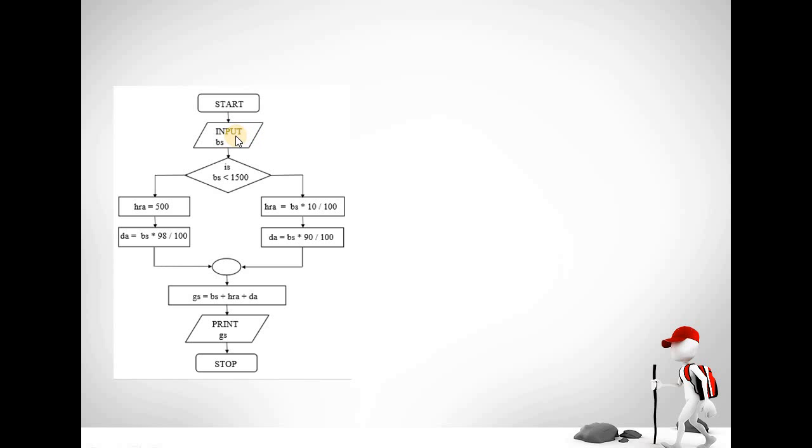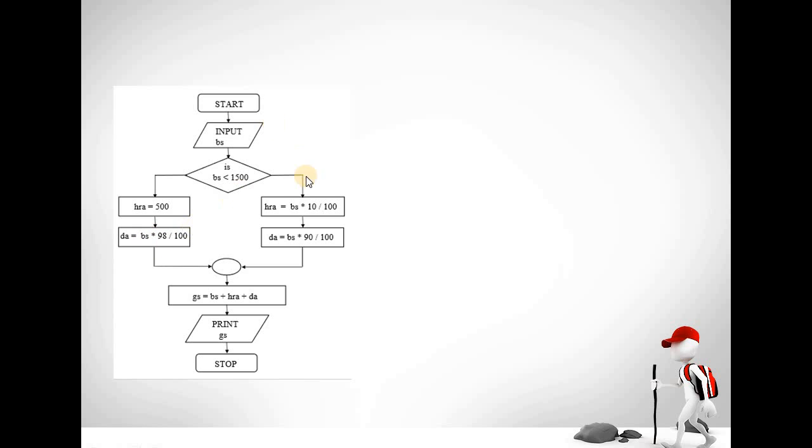When the user enters his salary, after that this program will check the condition. What condition? If his base salary is less than 1500, if yes, this is the yes part, that means the condition is true, then some calculation will happen. And if the condition is wrong, then some other calculation will be applied over here.